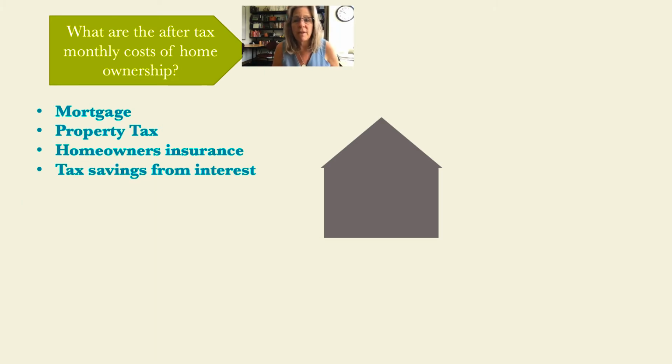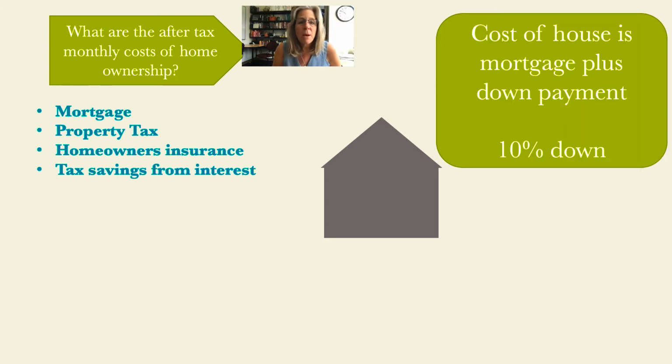So we have this answer now to our question about how much loan we can get. But there's another part of that, because the cost of the house is the mortgage plus the down payment. And we're just going to assume a 10% down payment. Now, that's a pretty high amount. If you think about 10%, it's more than $50,000.